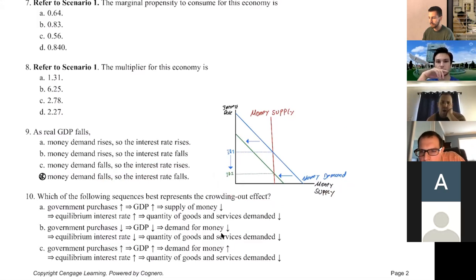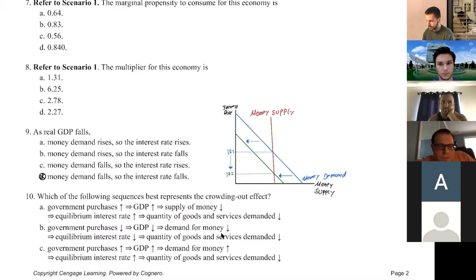Think recession, think Great Depression. Do people really want all that money if the economy is in a recession? No, you're usually saving. You're not taking out huge loans. So that's why money demand falls.